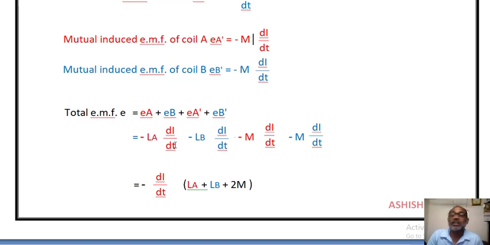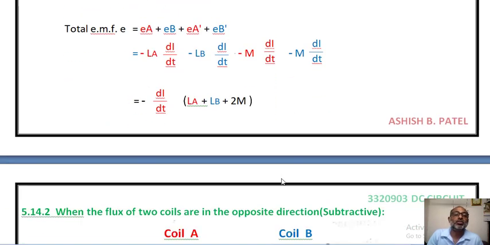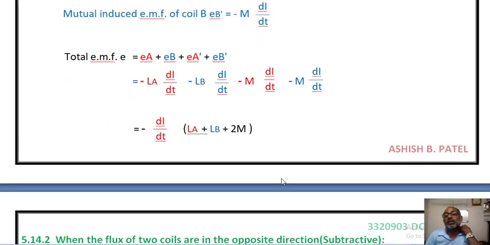We take di by dt as common: minus di by dt times the bracket LA plus LB plus 2M. So this is the total EMF induced in the coils when they are connected in series in additive nature.